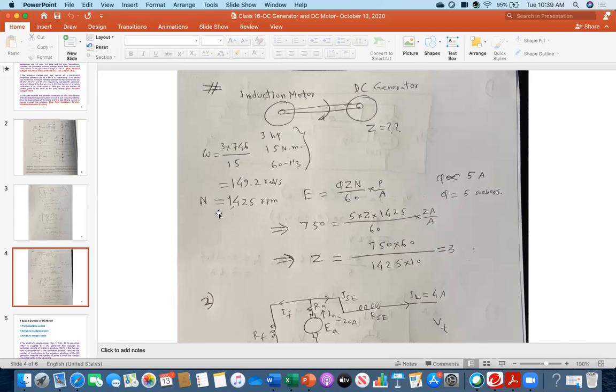Then I converted it into RPM, which is the N for this equation. It says the number of poles is twice the parallel paths. So if parallel path is A, then pole number is 2A. This means P over A is 2, so A will cancel. Ultimately you will get Z value 3.